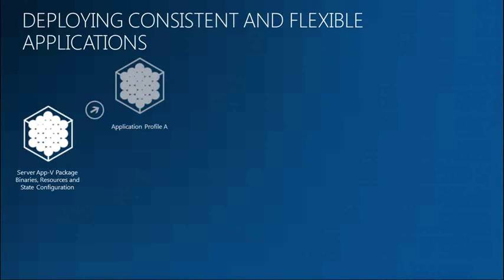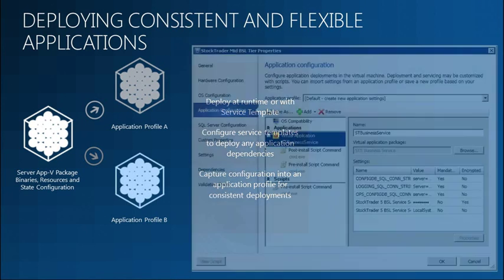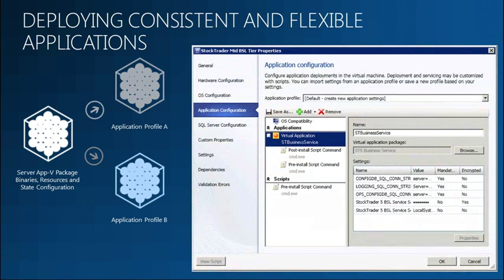Okay. So Server App-V, for those that aren't familiar, comes packaged in Virtual Machine Manager. And I'm going to show you Server App-V. Even if you don't take advantage of Virtual Machine Manager today, it's important to note that Server App-V comes bundled in there, but you can use it independently. And it's really a two-tier architecture.